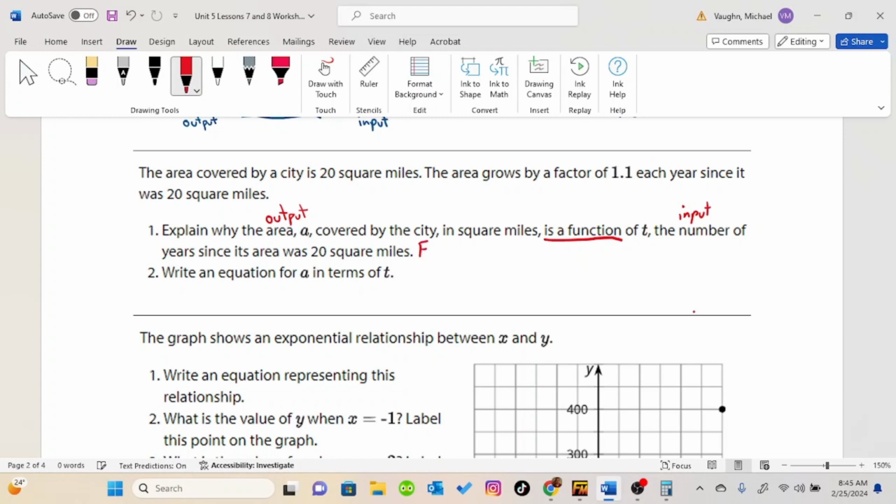So, for any given number of years, there is only one area.